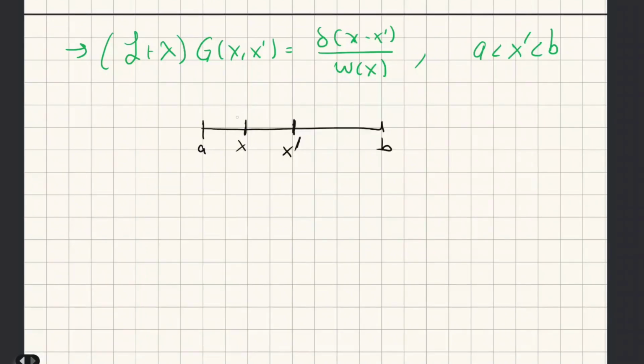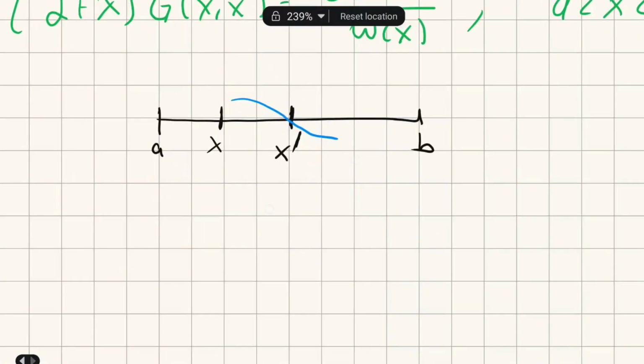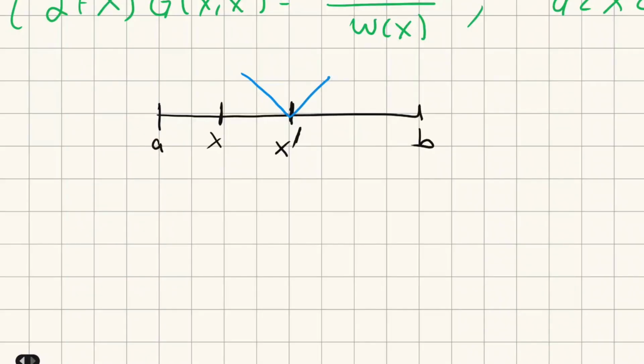So the Green function could be maybe more like this. It has to be continuous. But actually, this turns out to be wrong, because let's say maybe it will be something like this. The thing here is that the Green function is continuous at x prime.